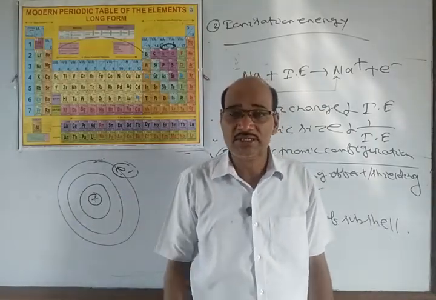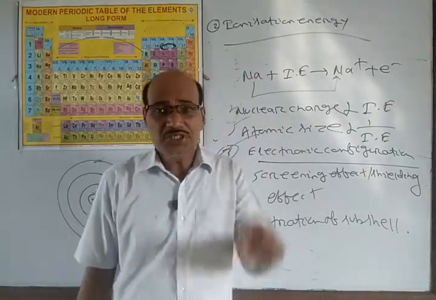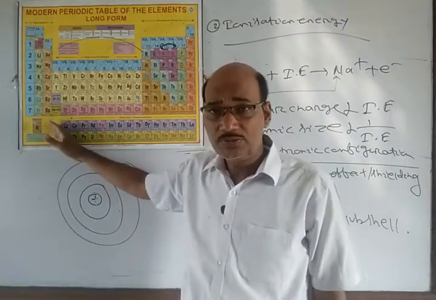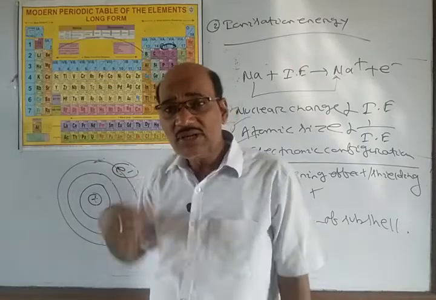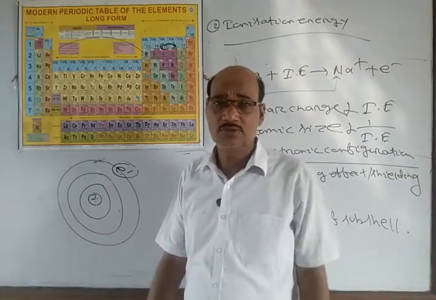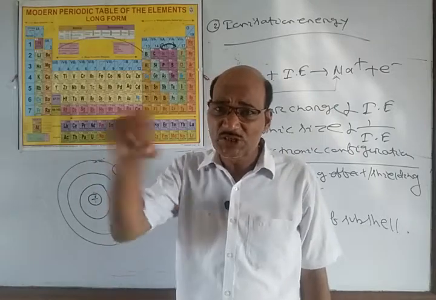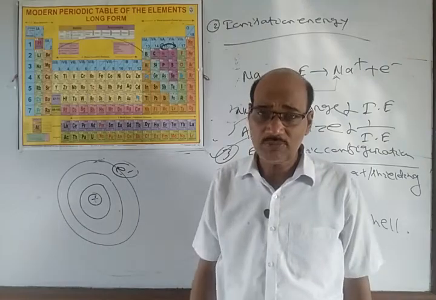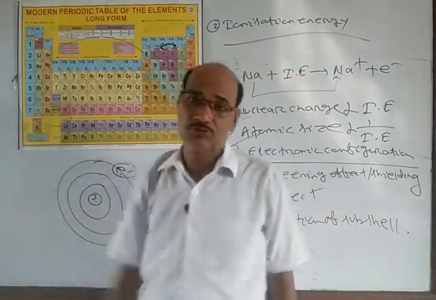So you can say the ionization energy decreases. This case is happening when you move in a group from top to bottom. So when we are moving in a group from top to bottom, what happens? The number of shells is increasing. So this increasing number of shells is decreasing the effect of the nucleus on the valence shell. Okay, so that's why the ionization energy is going on what? Decreasing. Okay.